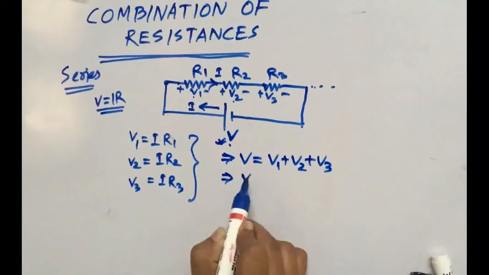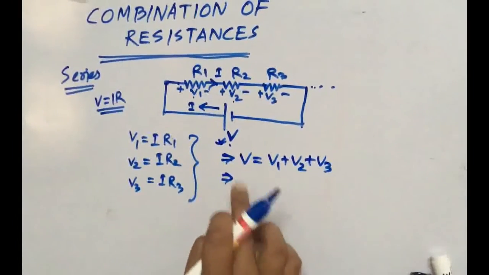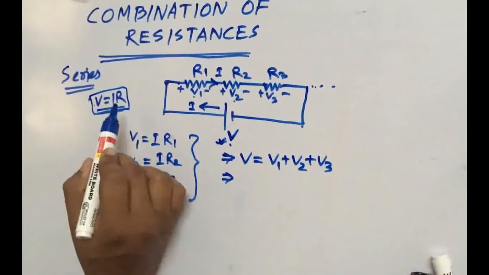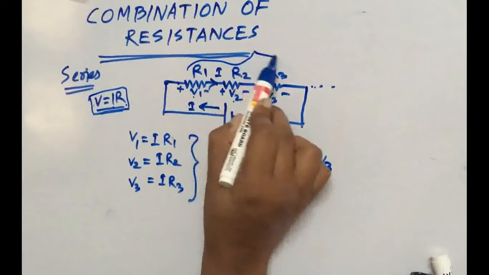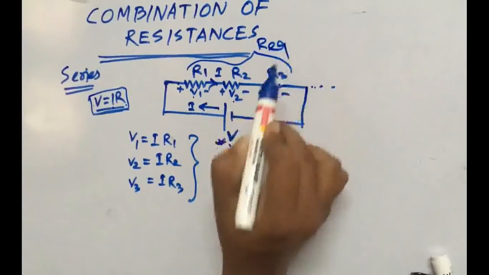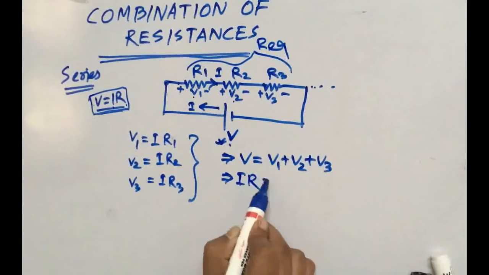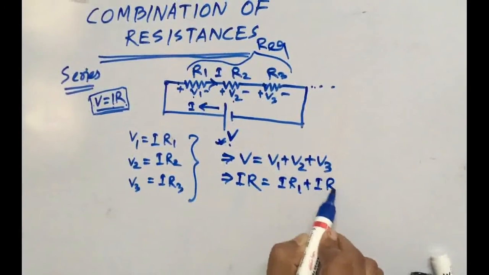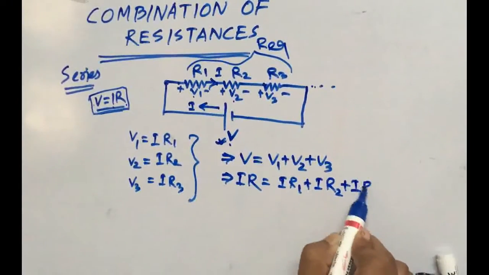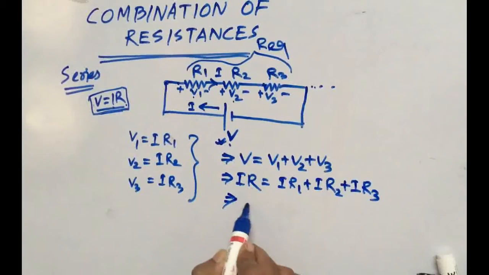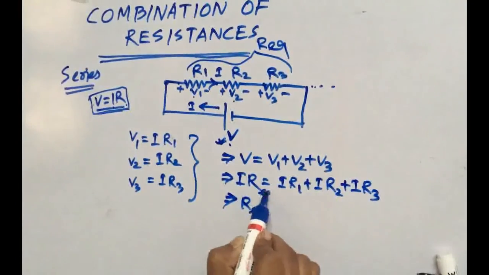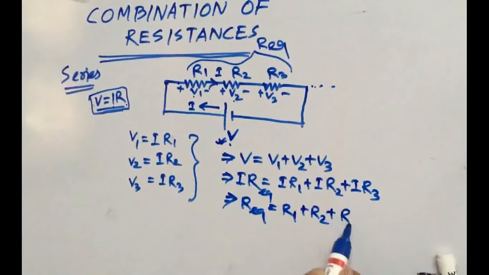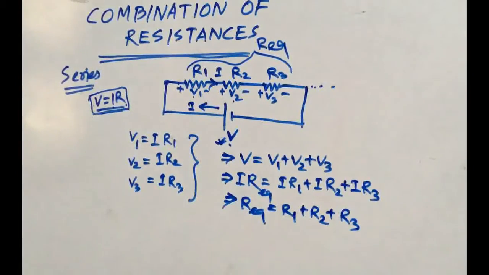Put the values: V will be I Req, where I is the total current and Req is the equivalent resistance of all these 3, and V1 is IR1, V2 is IR2 and V3 is IR3. So finally we get R equivalent equals R1 plus R2 plus R3.